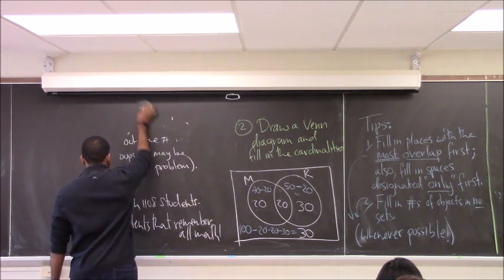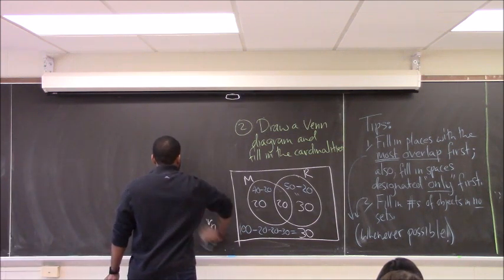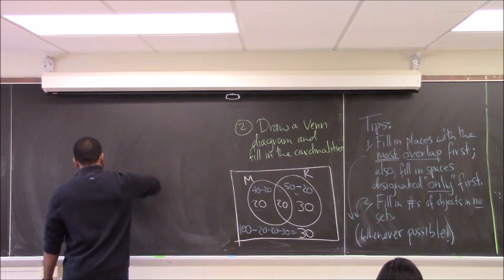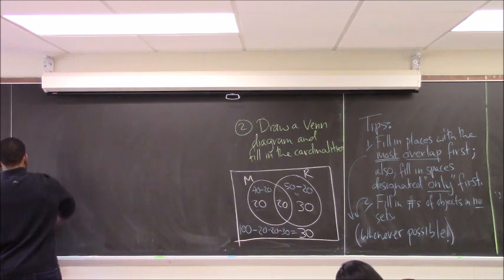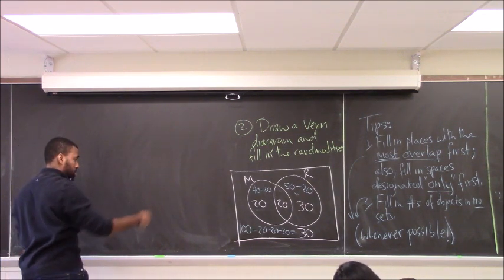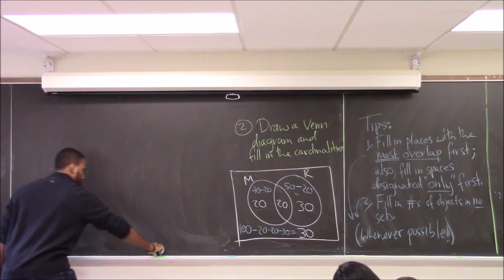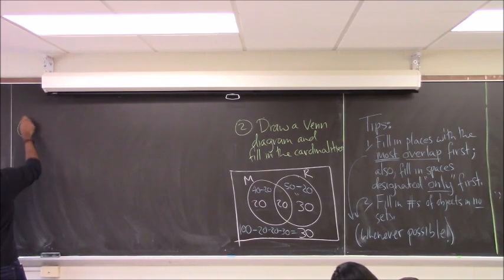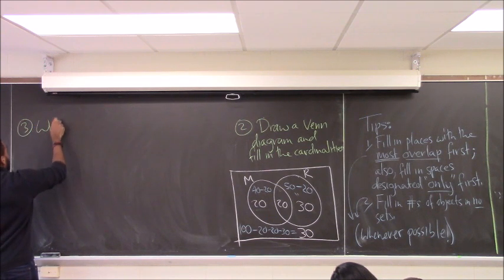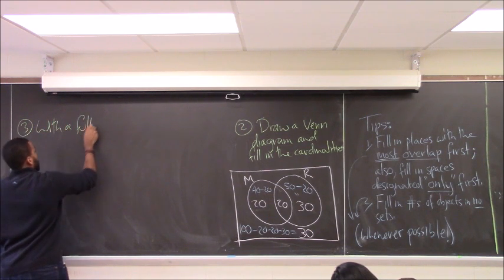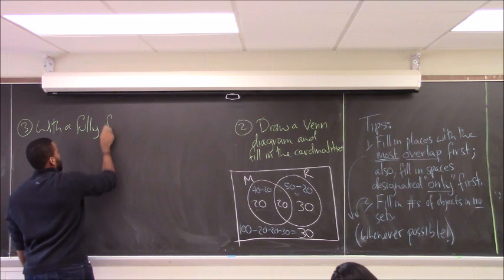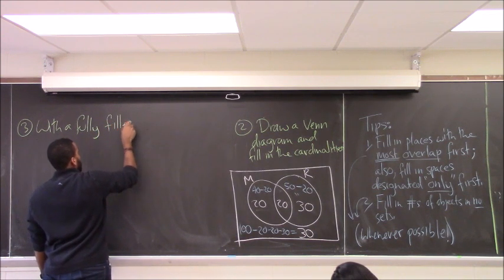Answer the questions that are asked. Once you have a fully filled out Venn diagram, answering the questions is actually not going to be that hard. The harder part of this problem is actually filling out the Venn diagram. Make sure you don't start answering anything until you fully fill out the Venn diagram.